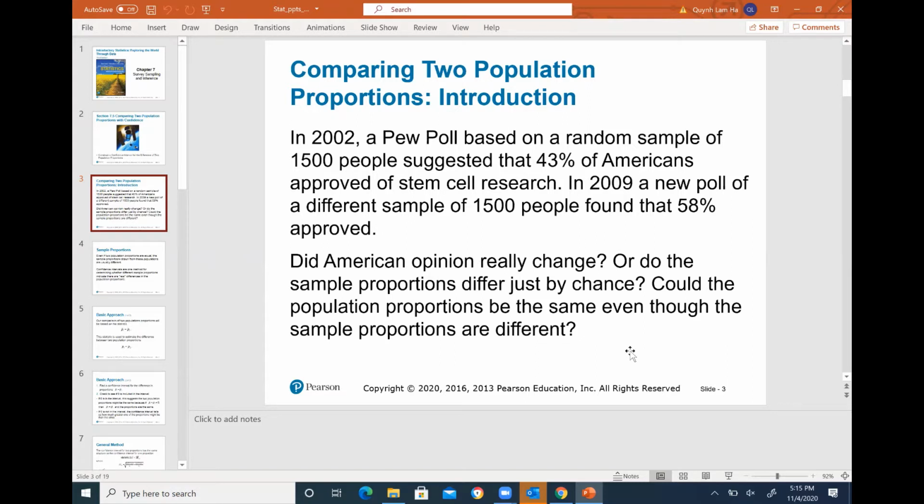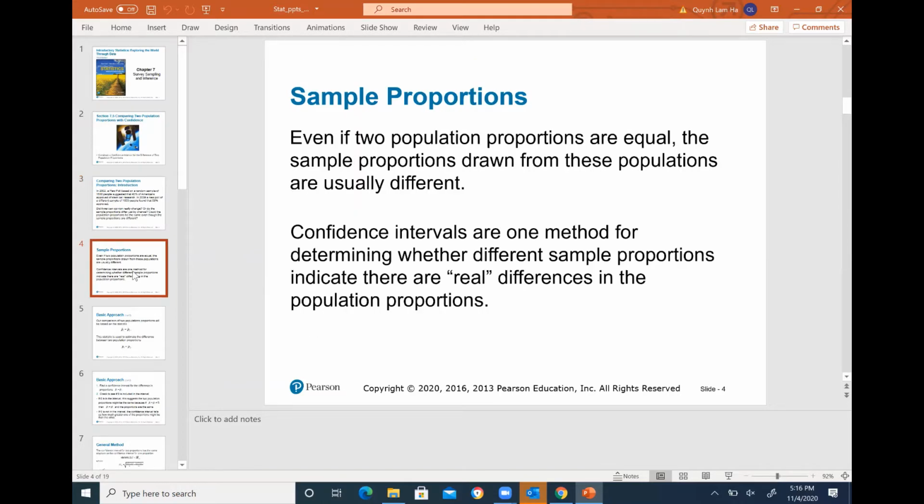And remember, in this 7.5, we are learning about comparing proportions. Even if two population proportions are equal, meaning they are the same, the sample proportions drawn from this population are usually different.